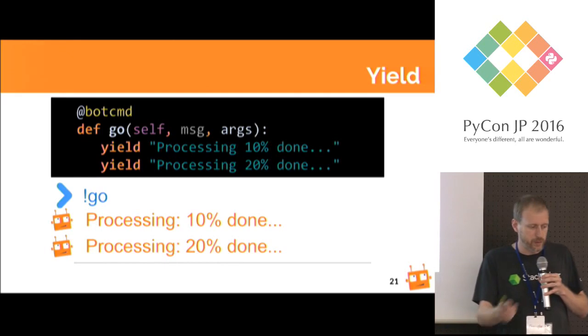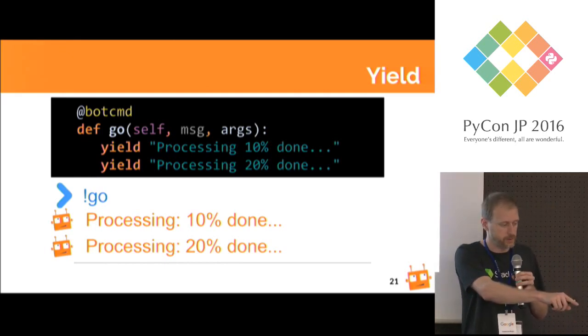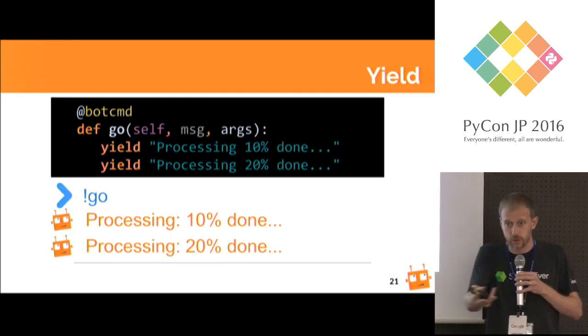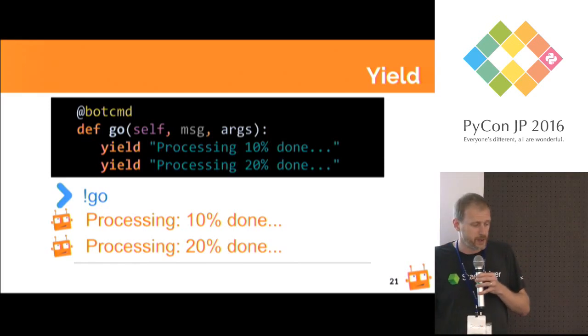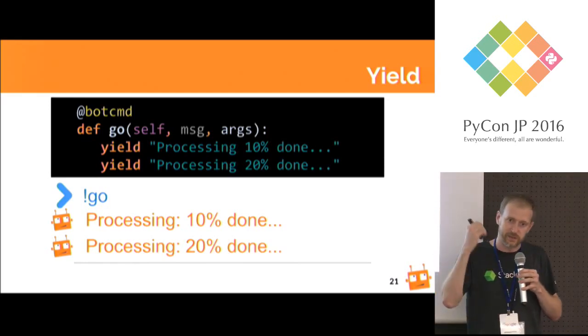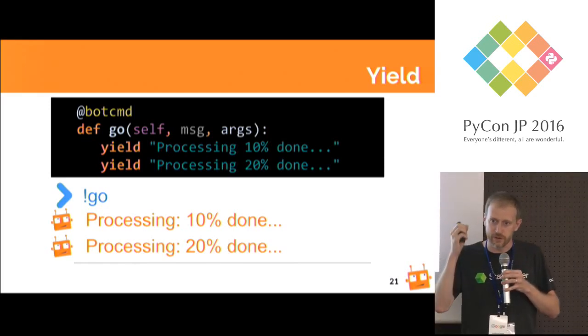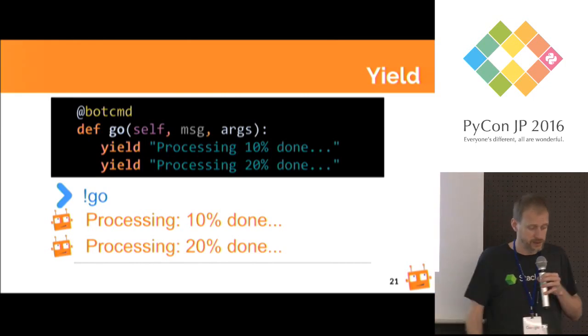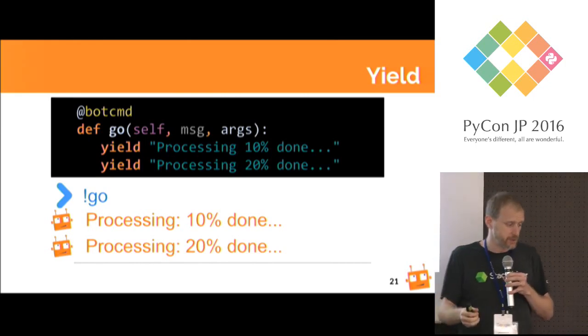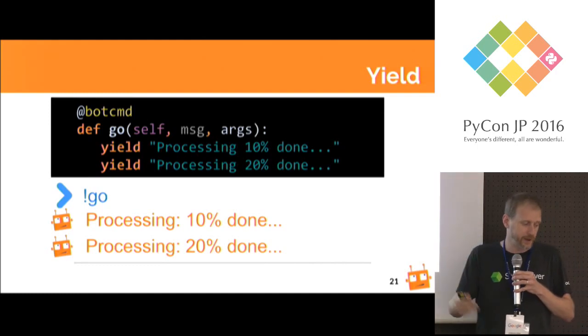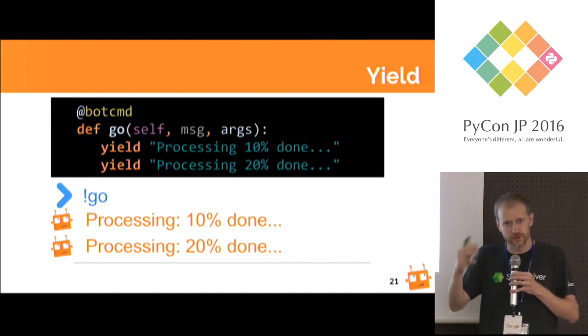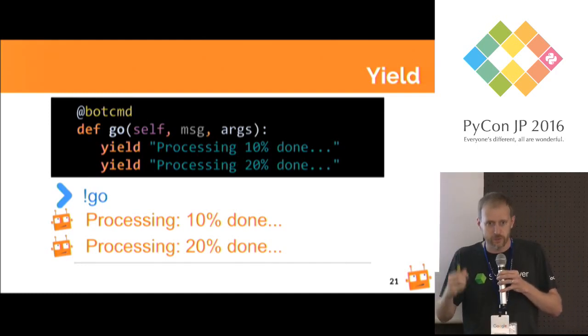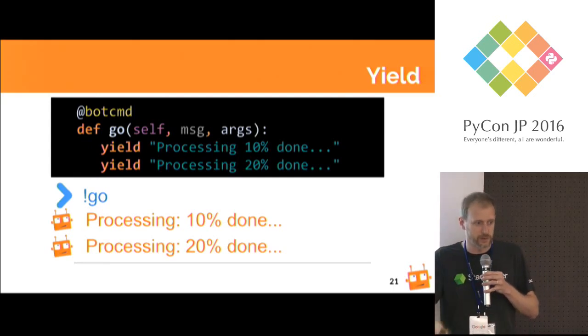So when you implement a command like that and you use a generator instead of a normal method, you can actually give intermediate steps to the user, right? It's gonna send, for example, first one message, processing 10%, and another one processing 20%. So you can give messages like that in the flow of your code, giving feedback to the user.